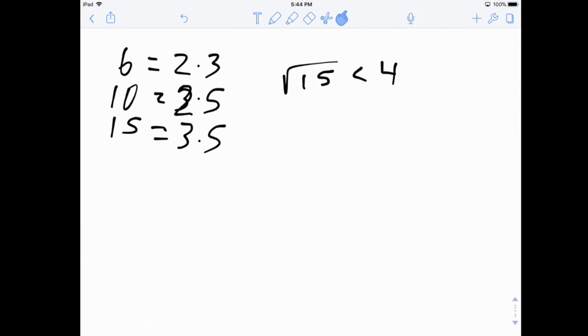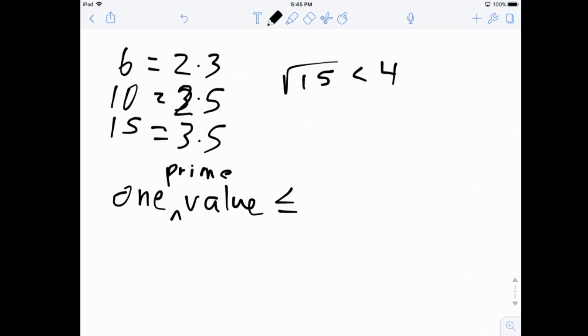So this means the sequence has to be of length at least 2. And if it's at length at least 2, then there is at least one prime value that is less than or equal to the square root of the biggest value. This is the case because you cannot have two values greater than the square root of max AI.